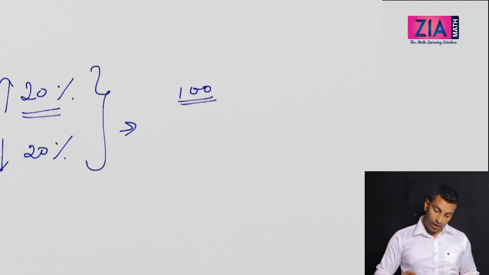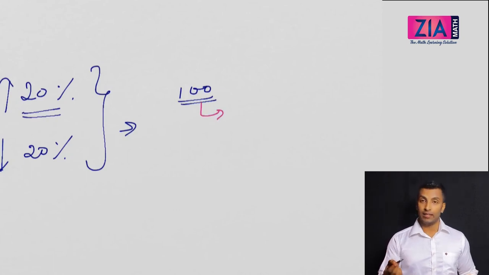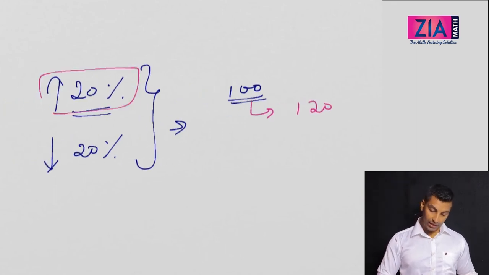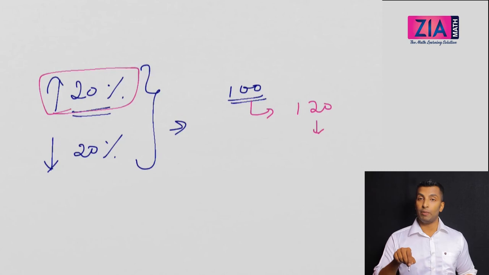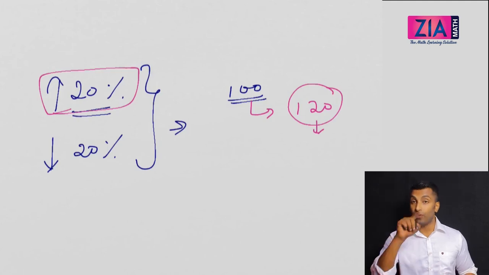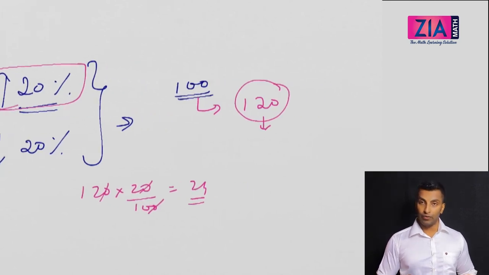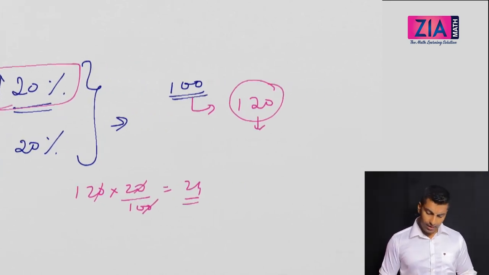Now increased by 20%, what does that mean? 20 increase, so the new will be 120. After that there is a decrease of 20%, so I need to find 20% of 120. So what is 20% of 120? 24. How am I getting it? 120 into 20 by 100, so the two zeros are getting cancelled, 24. So 20% of 120 is 24, or how can you find it faster?